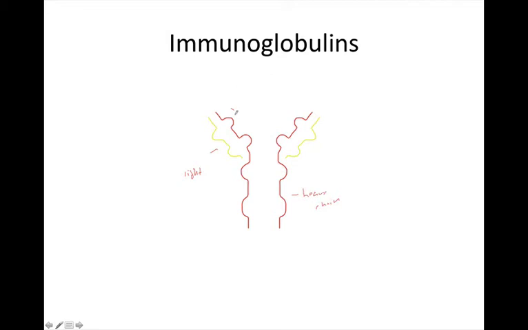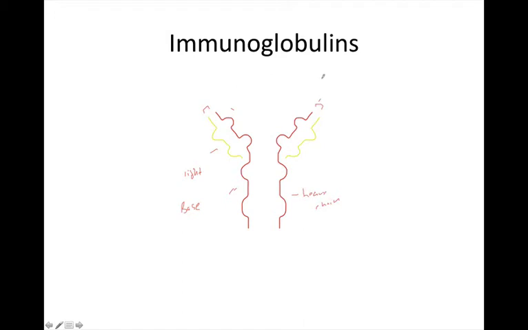Now, when we're thinking about the structure of these antibodies, there's a couple of things we need to think about. This heavy chain, especially this lower part of the heavy chain, is what I refer to as the base. And you notice how this looks like the letter Y. The ends of the letter Y are very important to focus on, because these are the parts of the antibody that actually interact with the antigen itself.